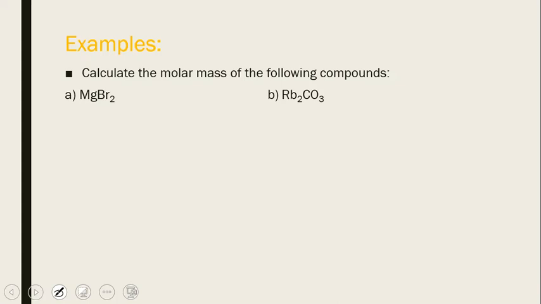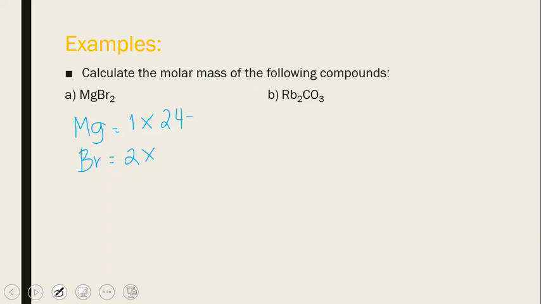Okay, to solve it, we have to separate the elements in the compound. The first one is magnesium bromide. Okay, we have magnesium and bromine. Number of atoms, 1 for magnesium, 2 for bromine. And we have to multiply this by the atomic mass of the element. Remember, we have to round it.